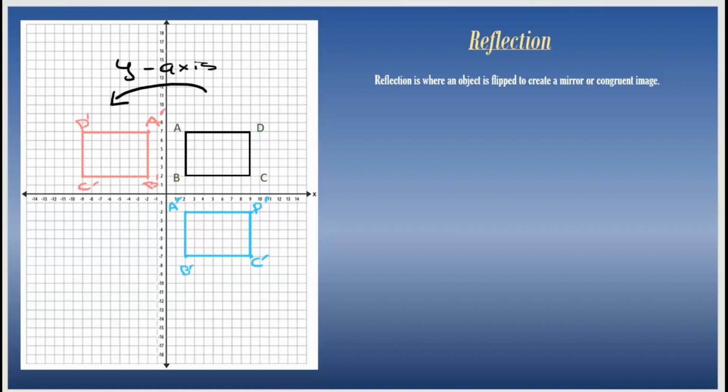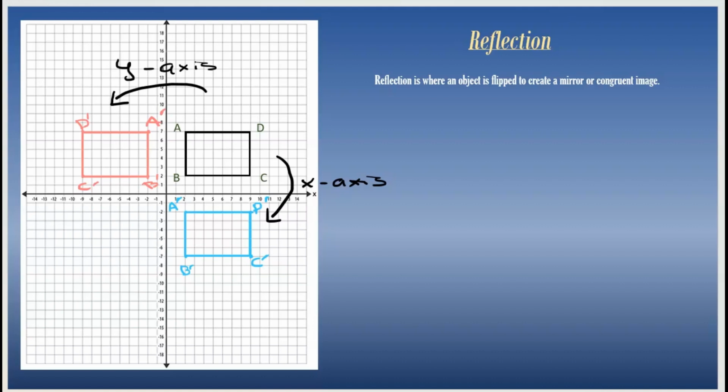I apologize for the bad handwriting. And this is when you flip across the y-axis. This would be flipping across the x-axis. As you can notice here, pre-image ABCD is congruent to both of the reflections. It's just flipped. That's all it is.